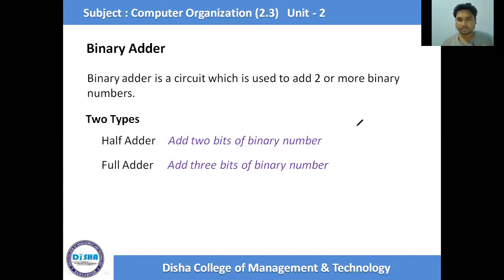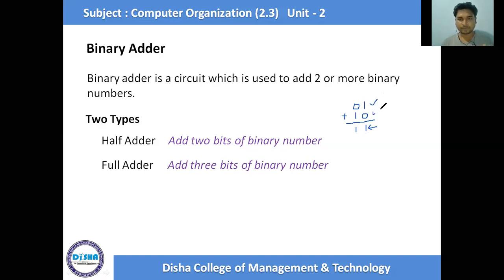Suppose I have a number 0 1, and I have to add it with another 2 bit number, that is 1 0. When we add these two numbers, the result is 1 1. This is the addition result, but these two are our input values.